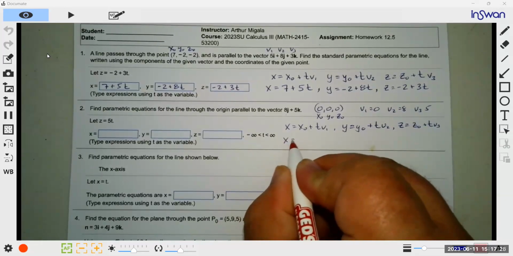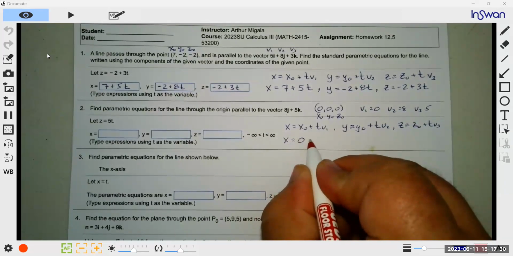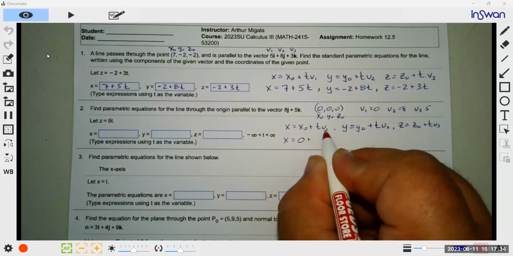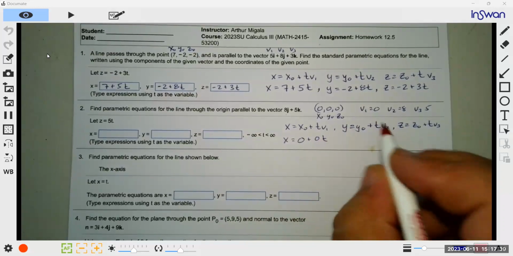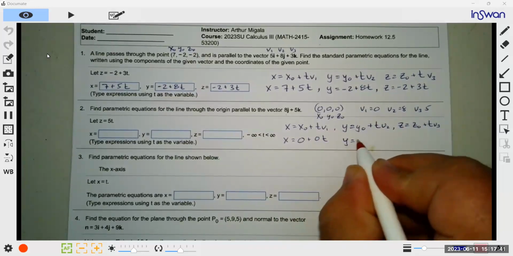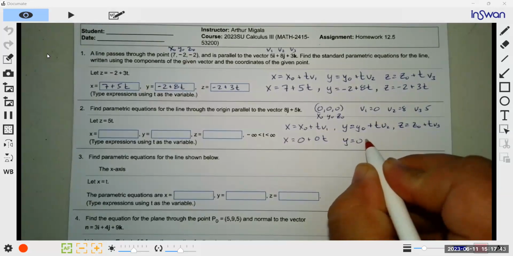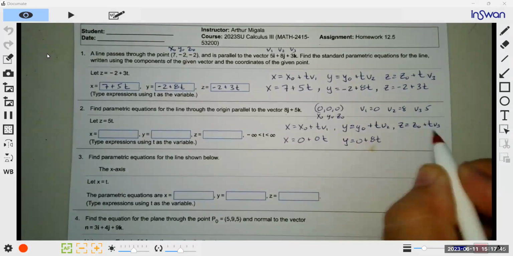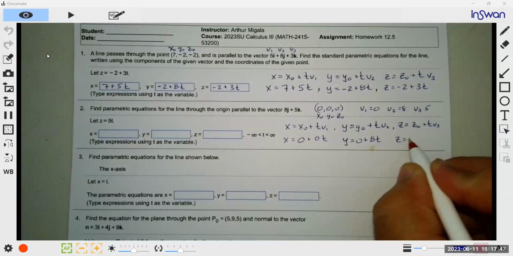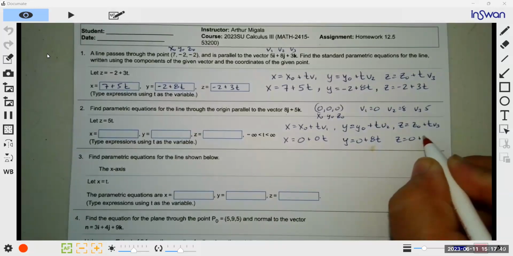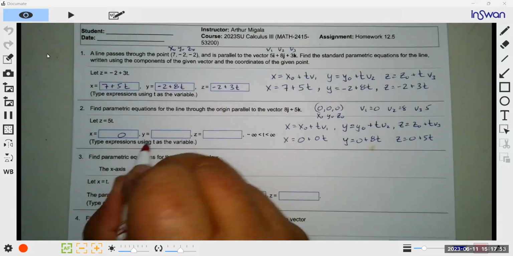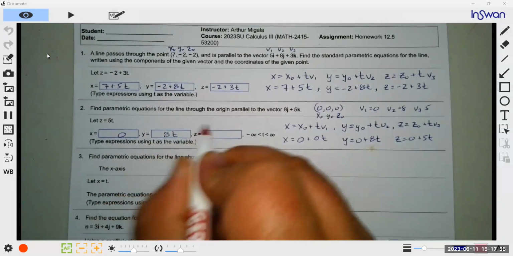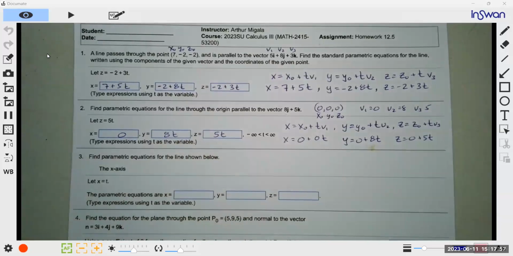So x is equal to x sub 0, which is 0, plus v sub 1, which is 0, so 0t. 0 plus 8t. 0 plus 5t. So it's 0, 8t, 5t.